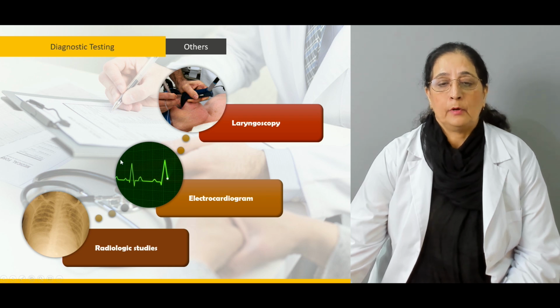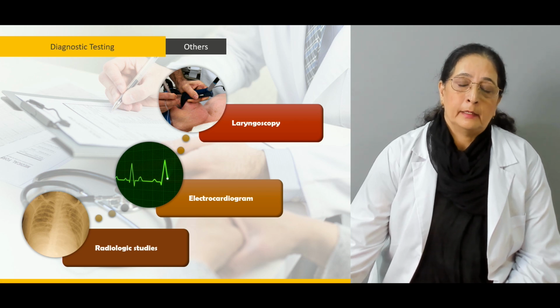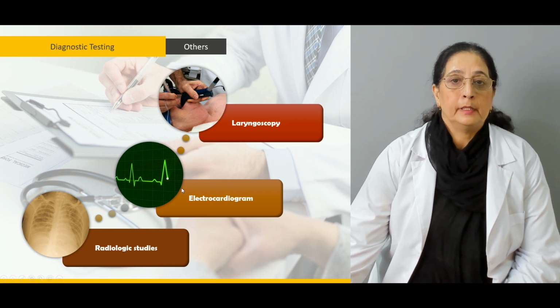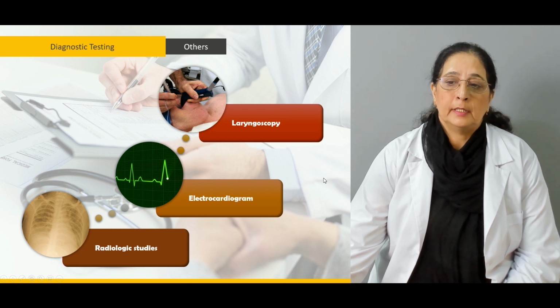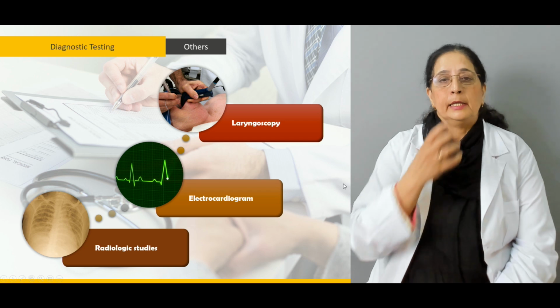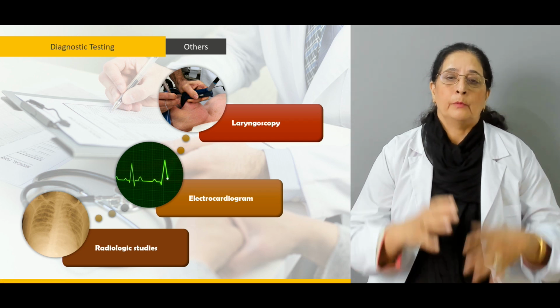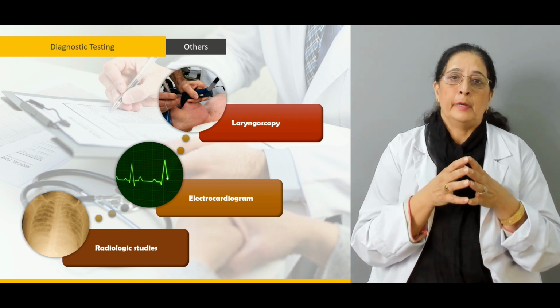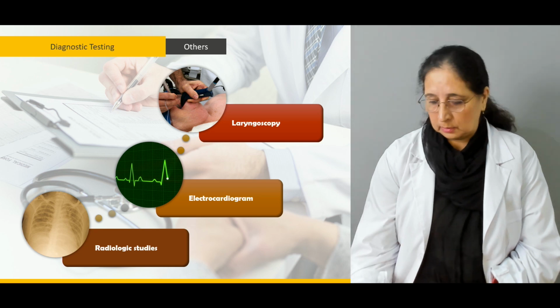ECGs can be performed if there are any arrhythmias or dysrhythmias. Laryngoscopy should be done especially in case of involvement of the neck and face, to look for involvement of the upper airway.